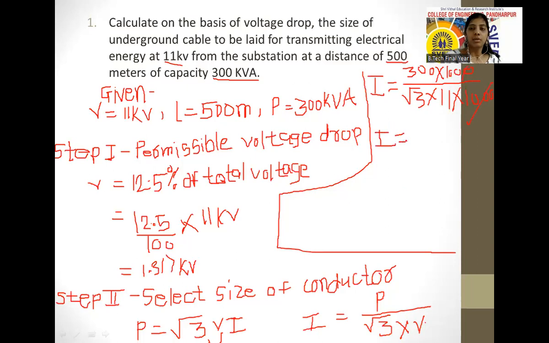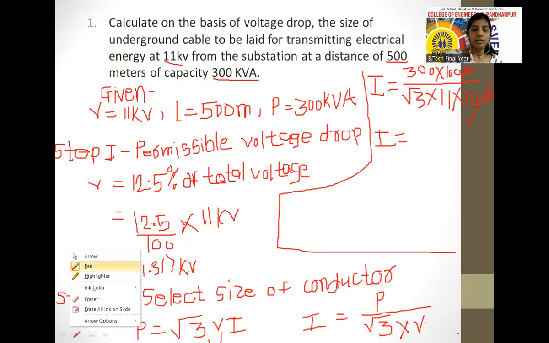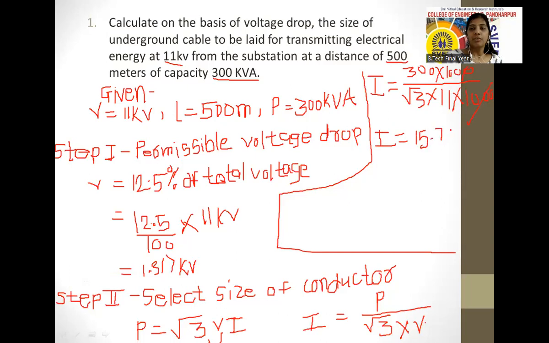Now tell me the answer. 15.75 ampere. Okay, very good. 15.74 or 75 ampere, whatever answer comes here, that we will write here. So this is the actual current flowing through that conductor.